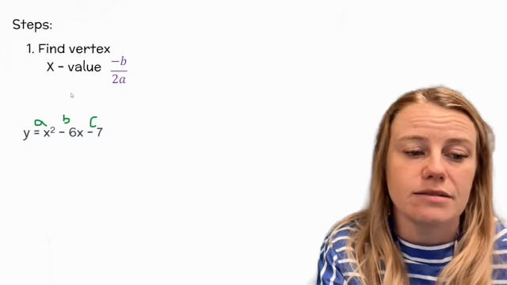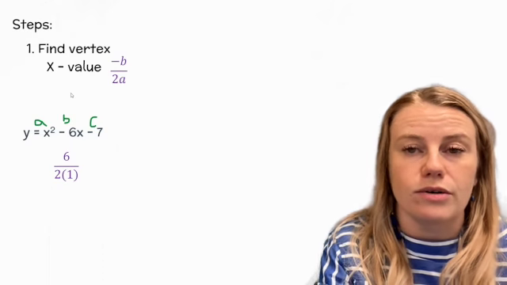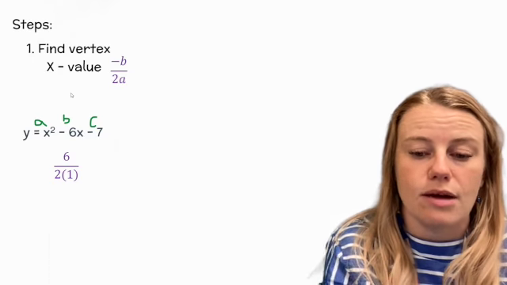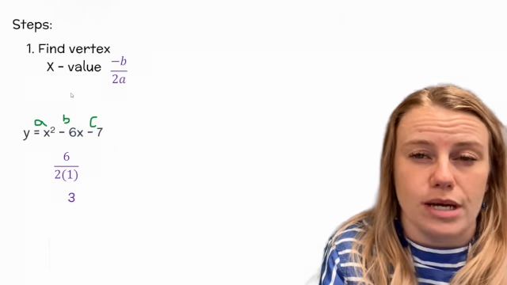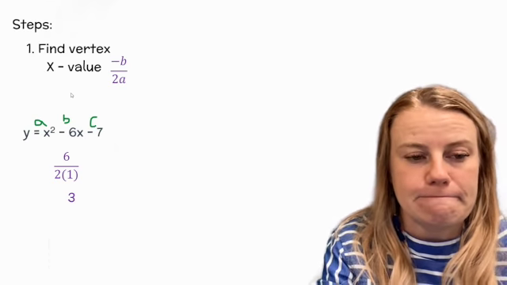So we're going to take the opposite of b over 2 times a. So since b is negative 6, we're taking positive 6 over 2 times a we said was 1. And that is going to give us 3. So that is our x value of our vertex.